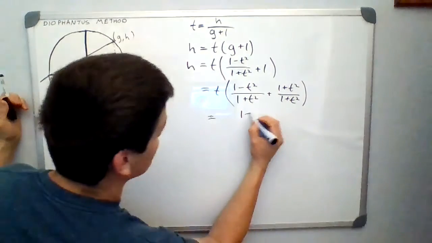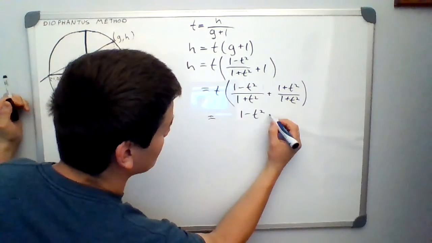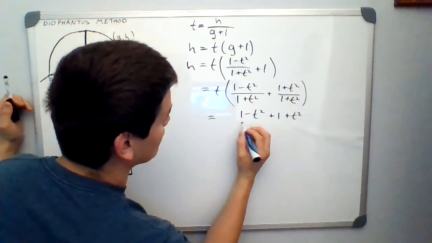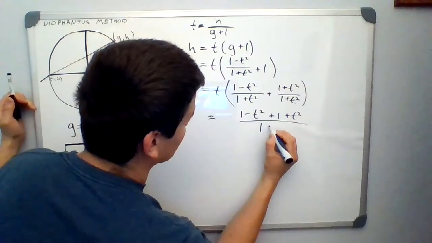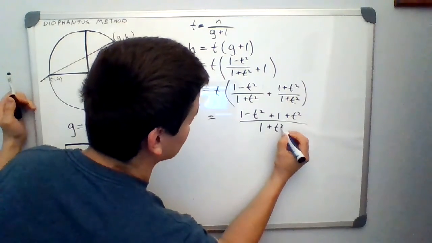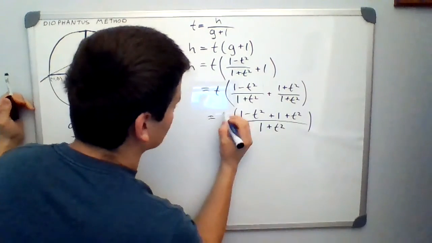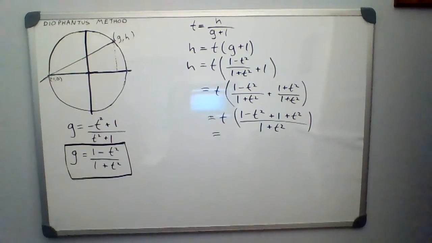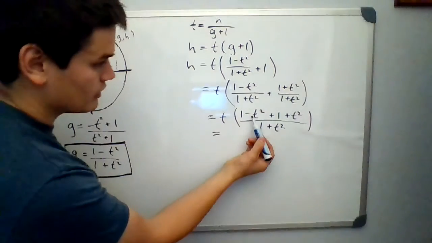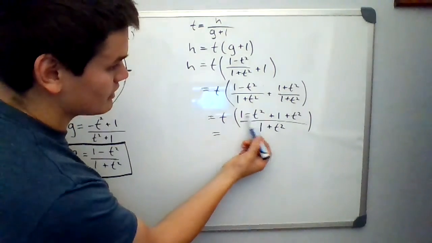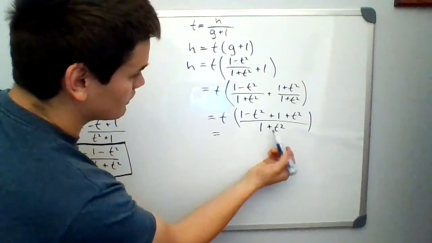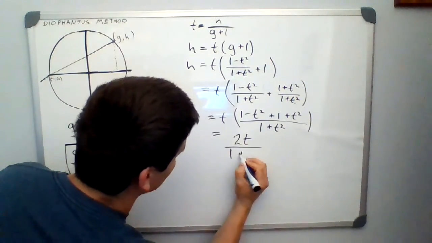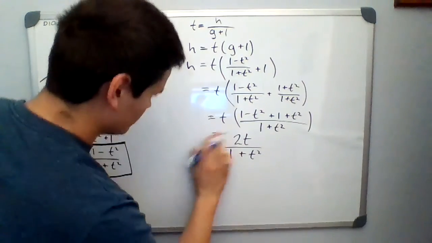So that's going to be 1 minus t squared plus 1 plus t squared, divided by 1 plus t squared, times t. So I have the t squared minus t squared, and so this just becomes 2 divided by that. So it's just 2t divided by 1 plus t squared.